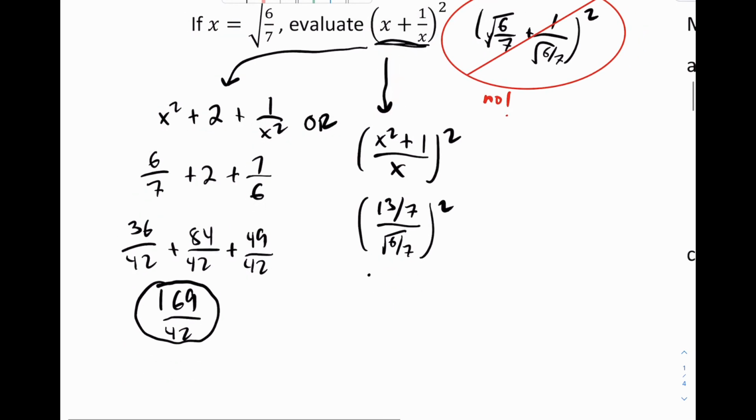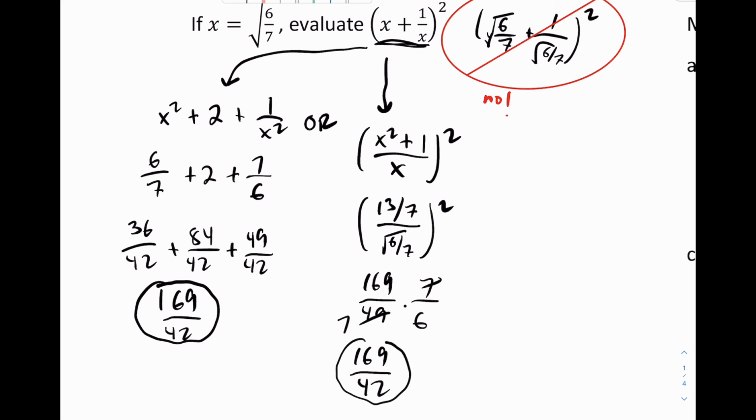So now we square it, that's 169/49, and multiply by the reciprocal, which would be 7/6, and take a look at that. Very clean, and we get the exact same answer as before. A little bit easier.